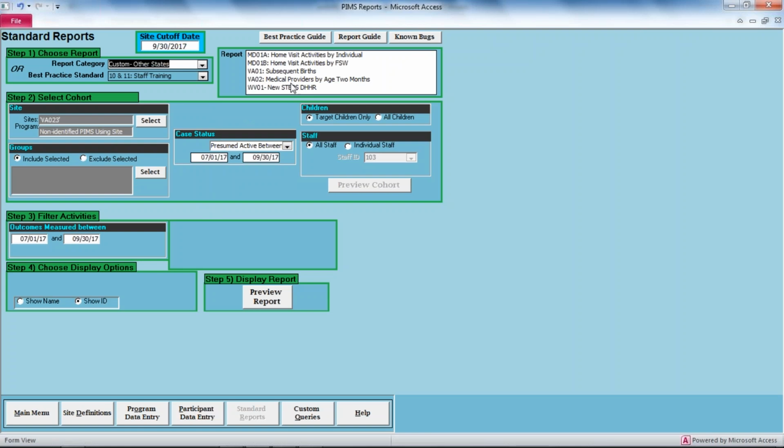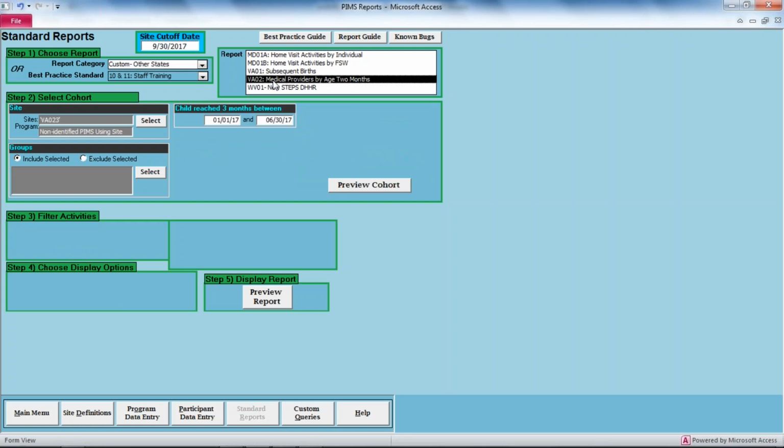And it's under the custom other states report category, and it's the medical providers by 2 months. I think you all should have gotten the document that I sent out this morning with the instructions for running all these reports. And in that, the first few steps are pretty much the same for every report.